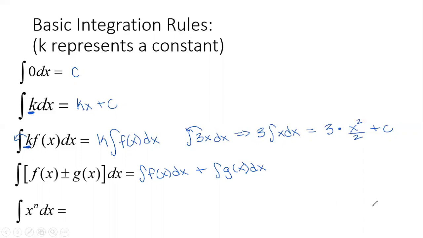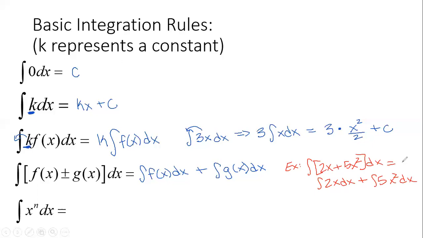A nice little example of this would be if we had the integral of 2x plus 5x squared dx. We're allowed to rewrite this as the integral of 2x dx plus the integral of 5x squared dx.